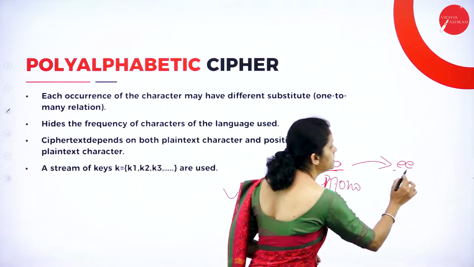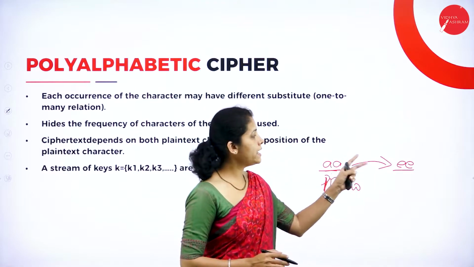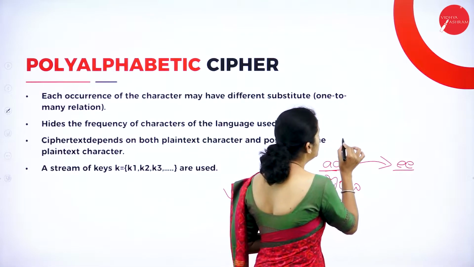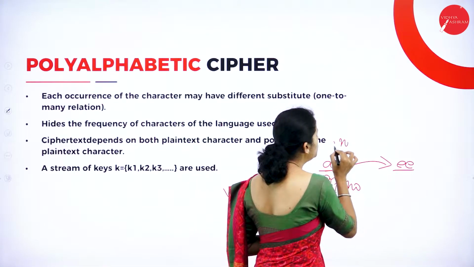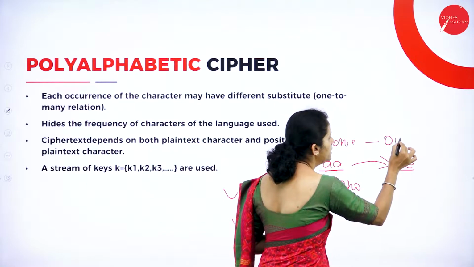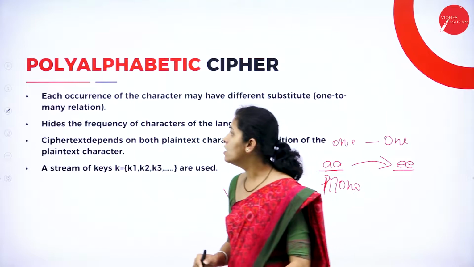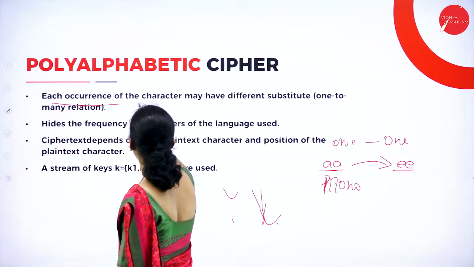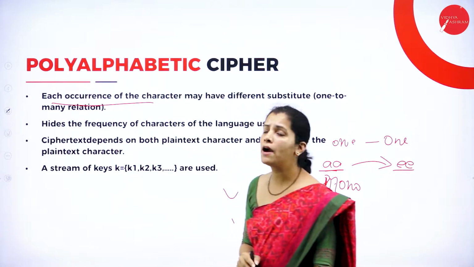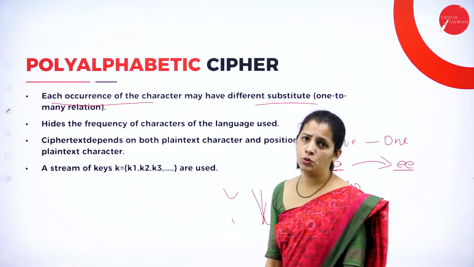For that reason, here I'm having E twice. So it is nothing but a 1-to-1 relationship. And if I consider polyalphabetic, each occurrence of the character may have a different substitution.